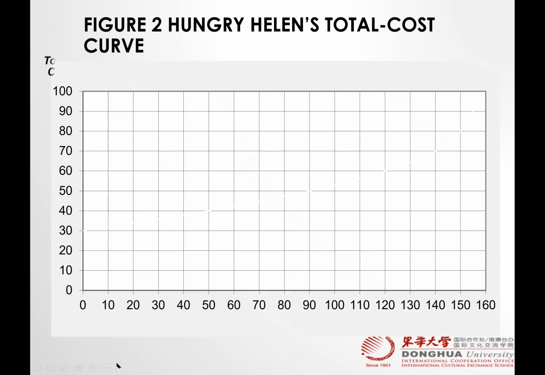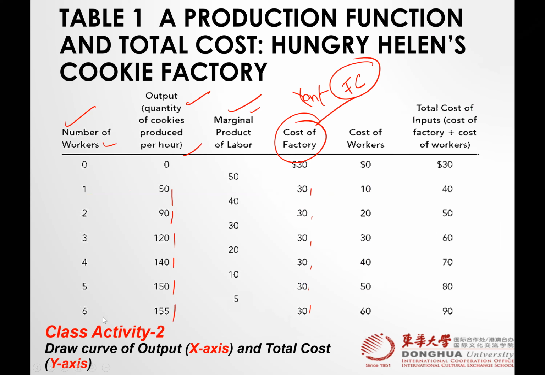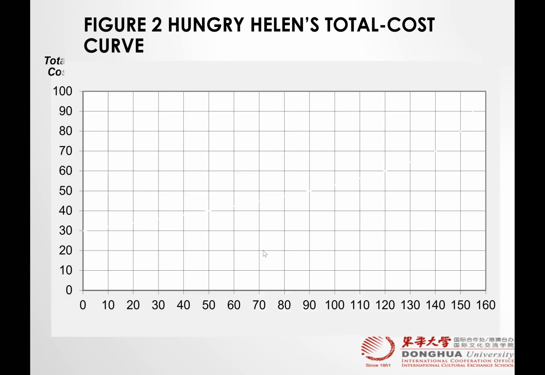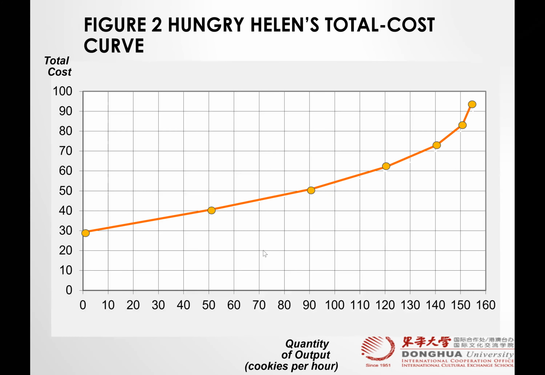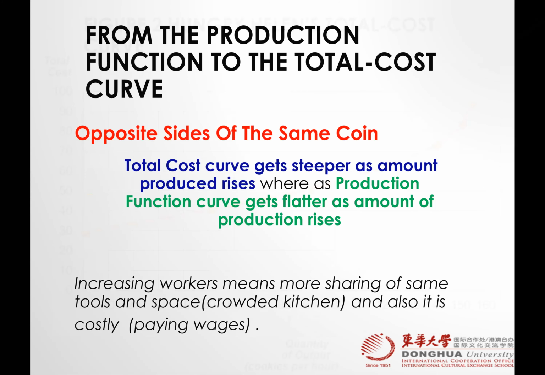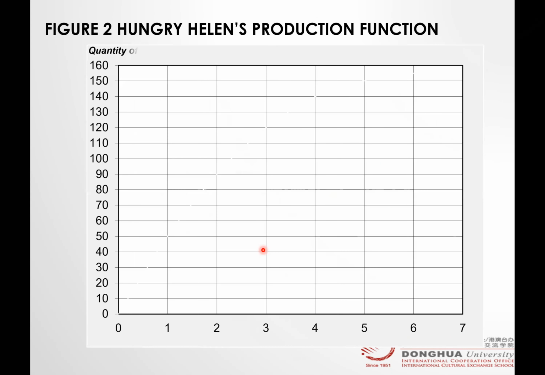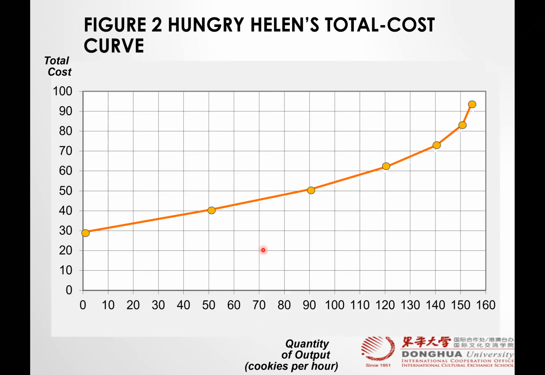Because we don't have much time, I'm just going to leave our class activity 2. If we draw the output versus the total cost, it would be like this. So recall our production function line, that was the inverted one, the opposite one. So look here. This is the production function line and this is the total cost line.